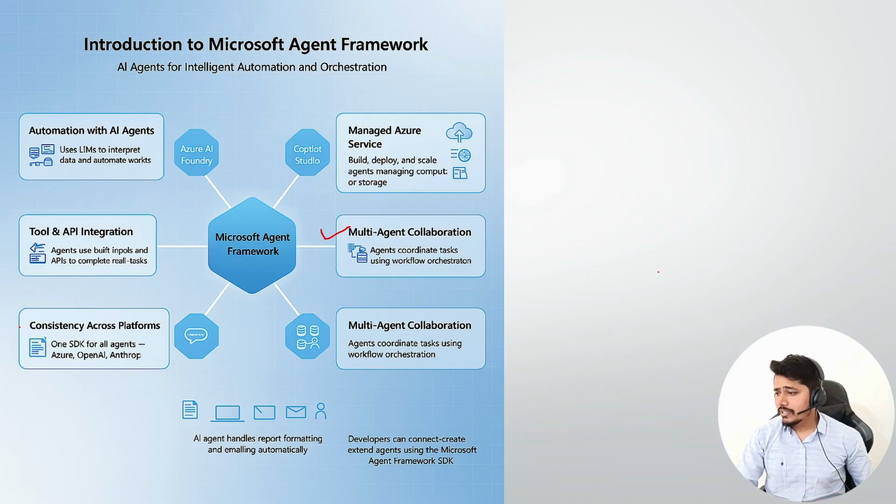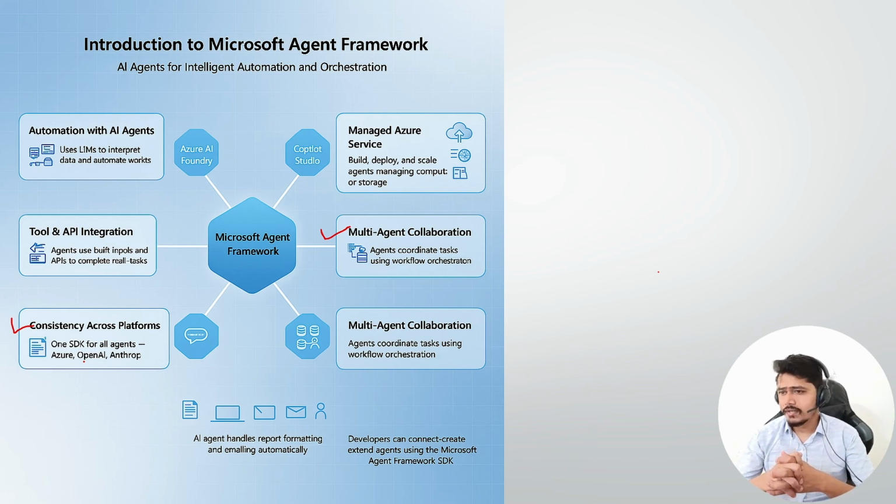The next one is consistency across platforms, which is again very important and a unique point for this agent framework, because it provides one software development kit with which you can connect to any large language model. You can connect to the Azure OpenAI models, the Azure Foundry services, and the Anthropic models, so you can use any Claude models that you want.